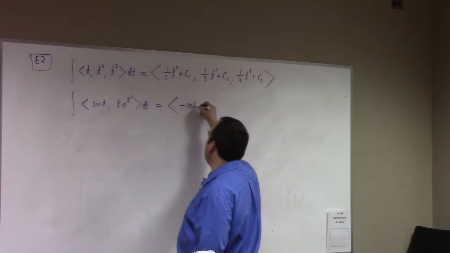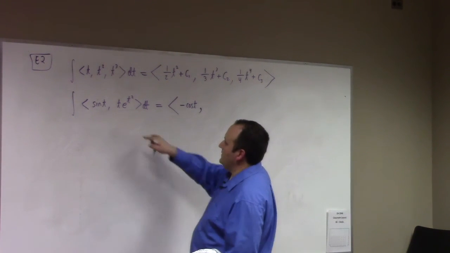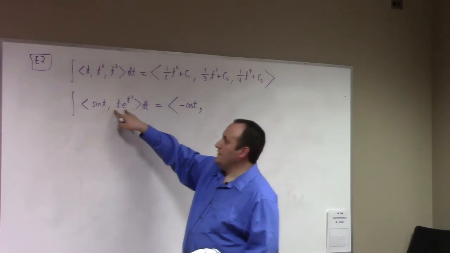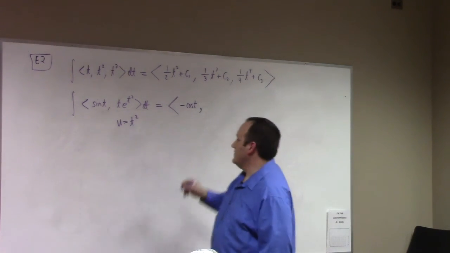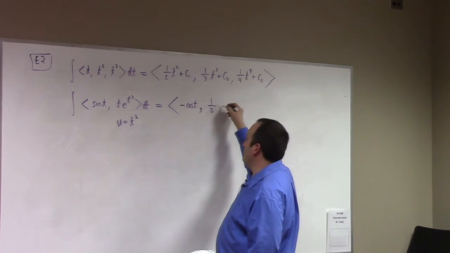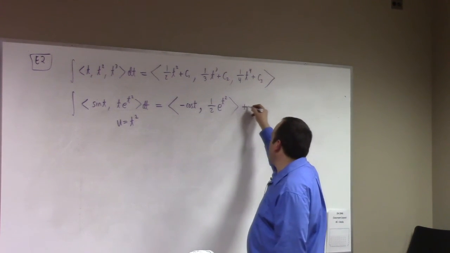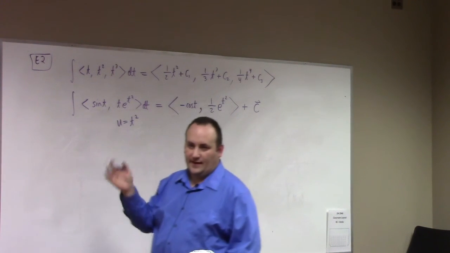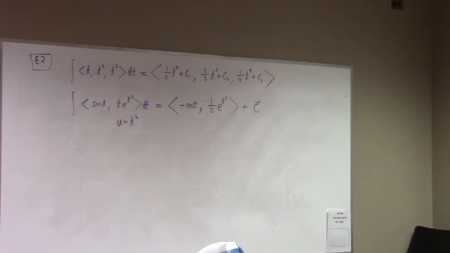Yeah, negative cosine t, right? And then what's this integral? You can make a u substitution, u equals t squared. So actually that's just 1/2 e to the t squared. And then plus a constant vector. You see, I could either add constants on each component, or I could just add a constant vector at the end. It's the same, right?